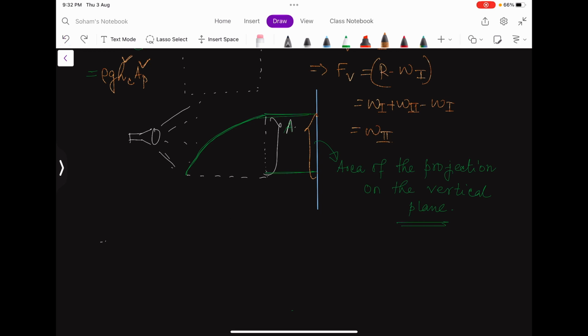So let me remove this. Let us consider a semicircle like this. You already know from your common sense that the projected area will be nothing but what? Also a circle of the same radius.